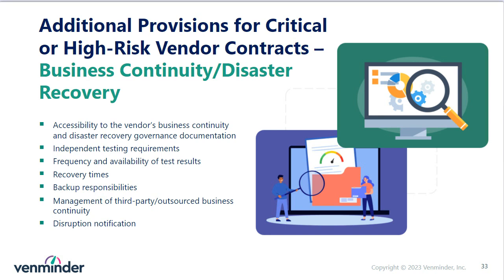Might document backup responsibilities or how managed third parties are handled, especially for those that provide availability and business continuity aspects to the vendor themselves. Could be disruption notification periods. For example, if there is a disruption or some sort of an event, when should they notify you as a customer and by what method?